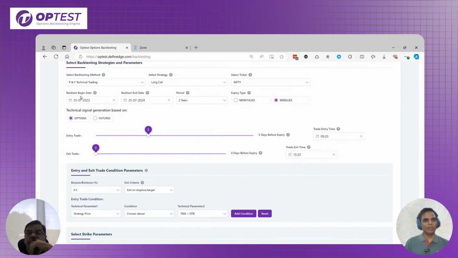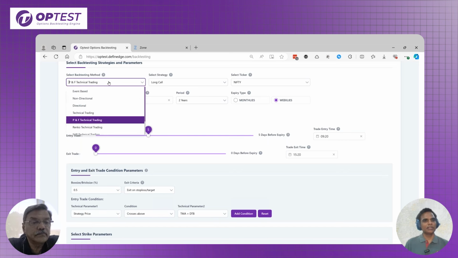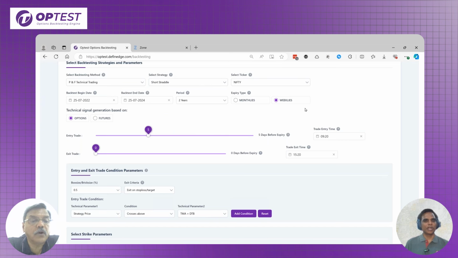Now coming to P&F backtesting. So here we have the choice of generating signal on options or futures. We want to do a short straddle on this, like the one which you do. Short straddle, double bottom sell below triple moving average.